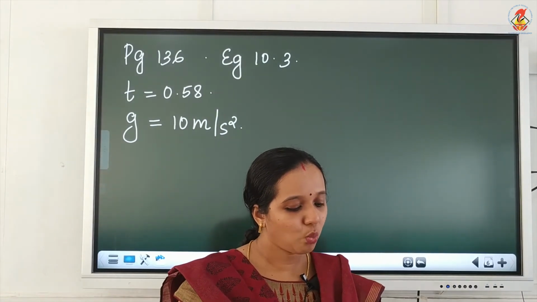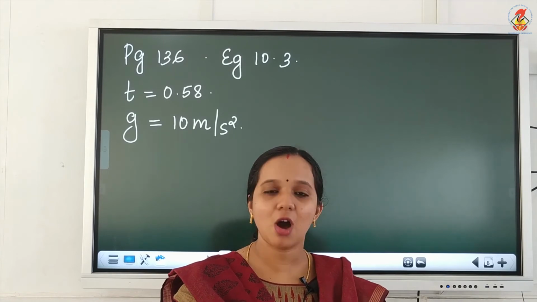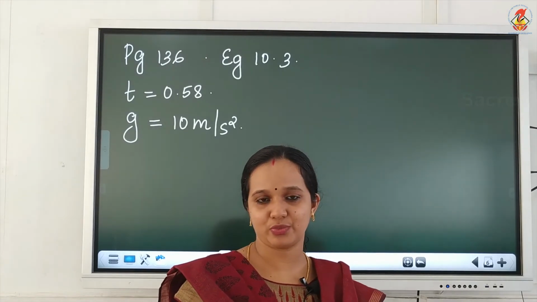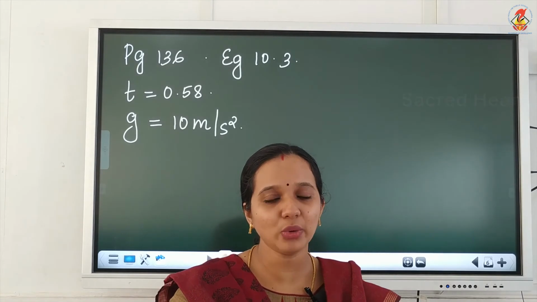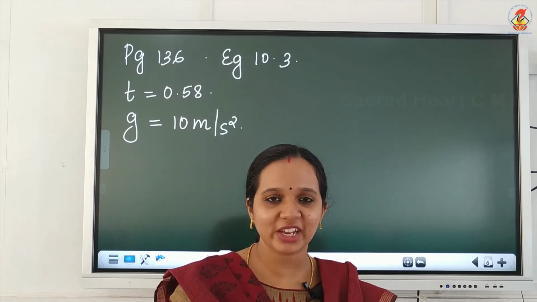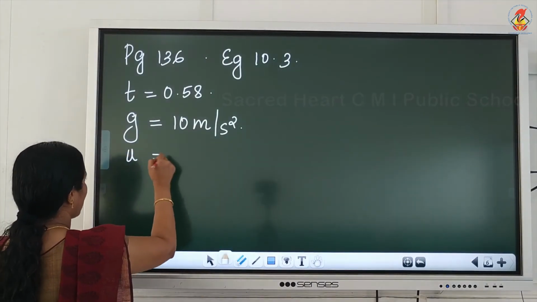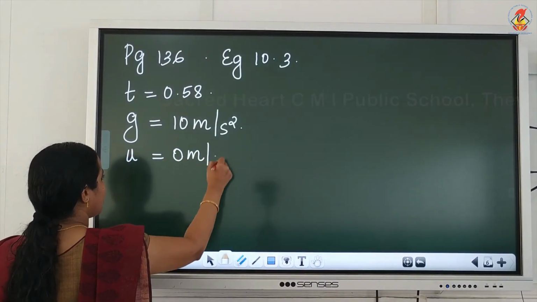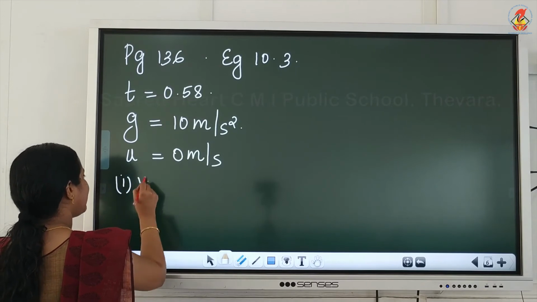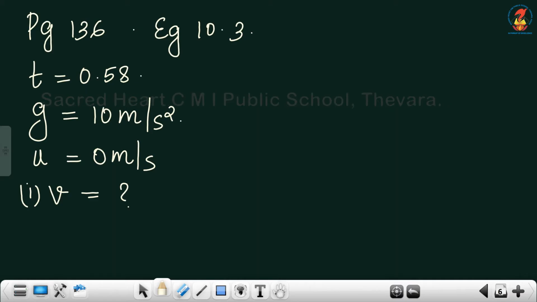Subdivision 1 is, what is its speed on striking the ground? When an object falls down, what is its speed on striking the ground? So, the initial velocity of the object is 0. In the first subdivision, we need to find v. Okay. So, here the object is falling down.